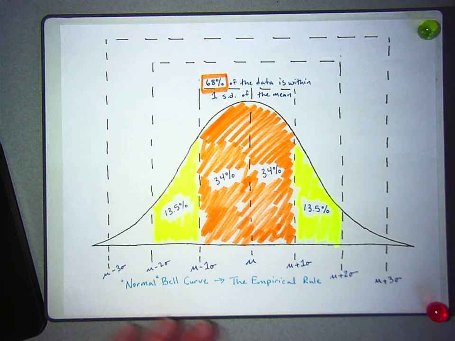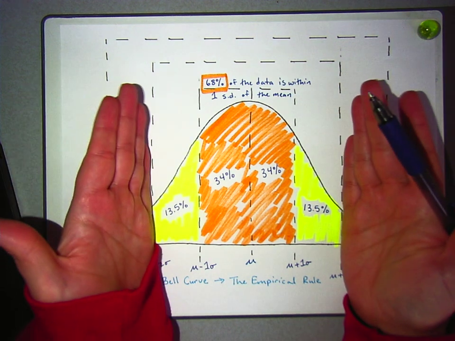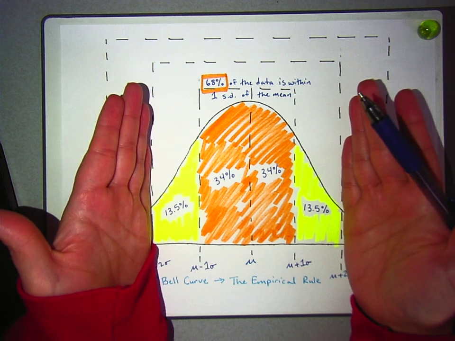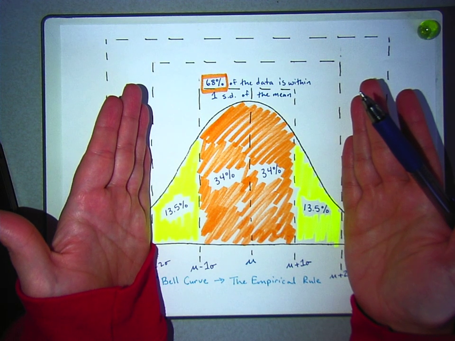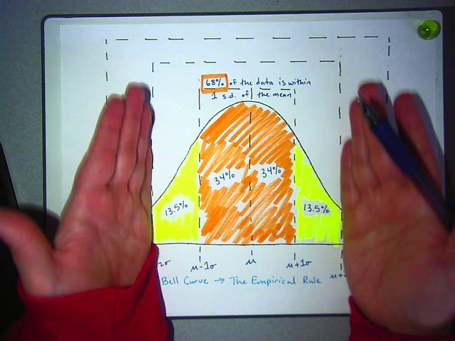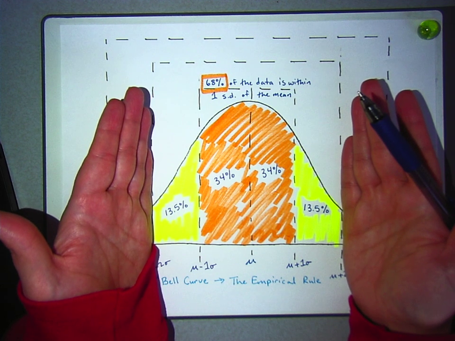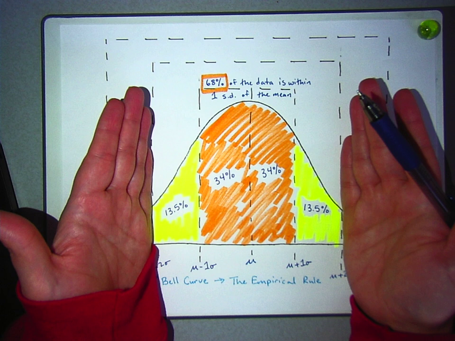Okay, and then, so what percent of the data falls within 2 of the mean? 27 is the yellow. 95, right?